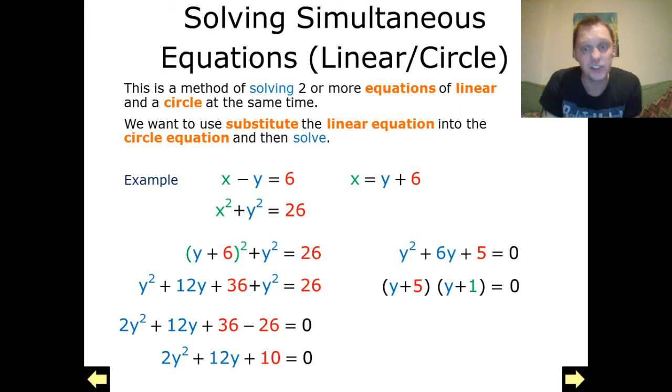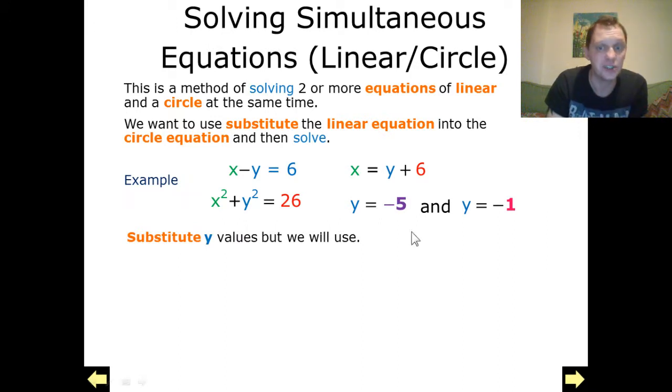This does factorise. If you can't see how it factorises, maybe look at completing the square or the quadratic formula to try and solve this. This factorises into (y plus 5)(y plus 1) equaling 0, which means that my y values are y equals negative 5 and y equals negative 1.